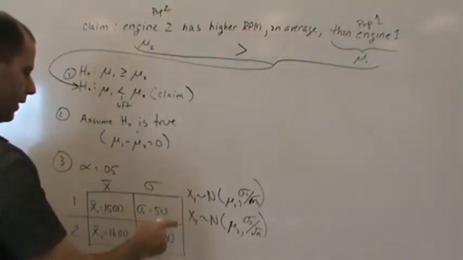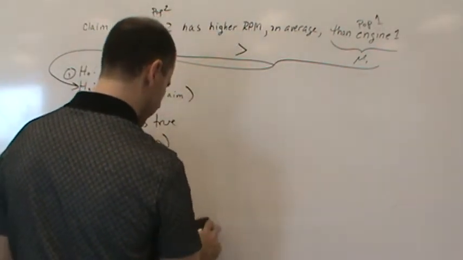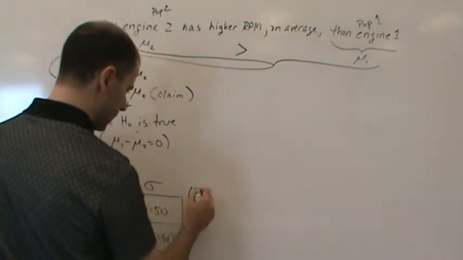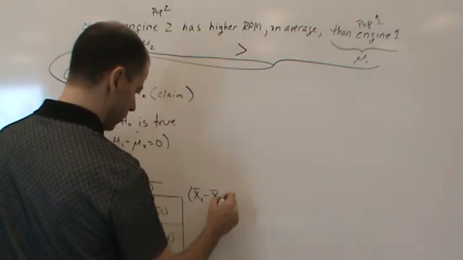Since we know that, we automatically get what we need, which is the sampling distribution of X bar 1 minus X bar 2.